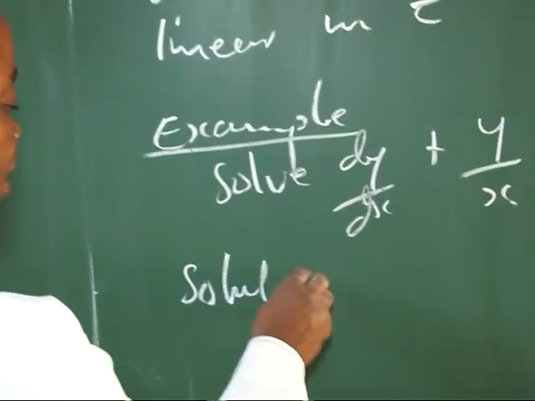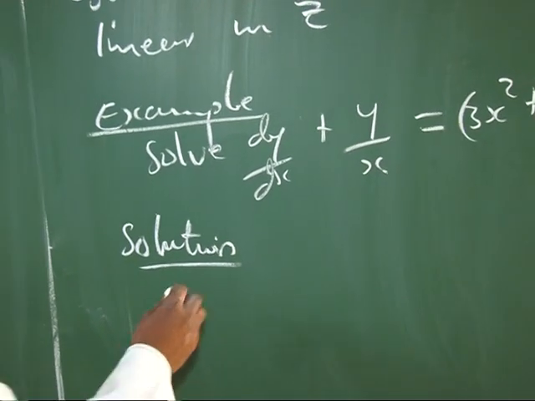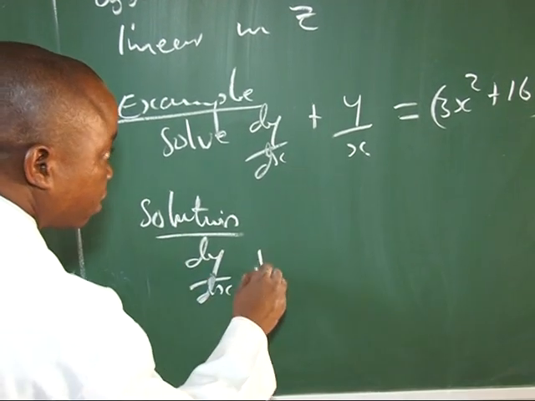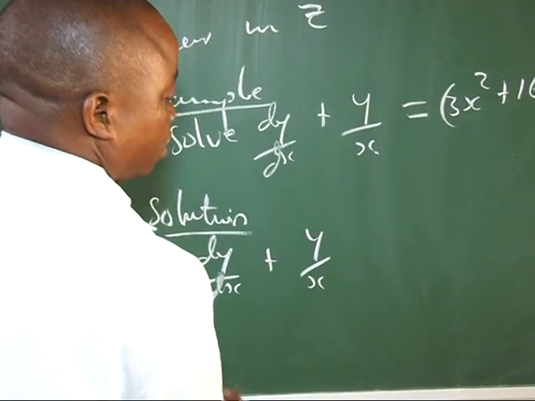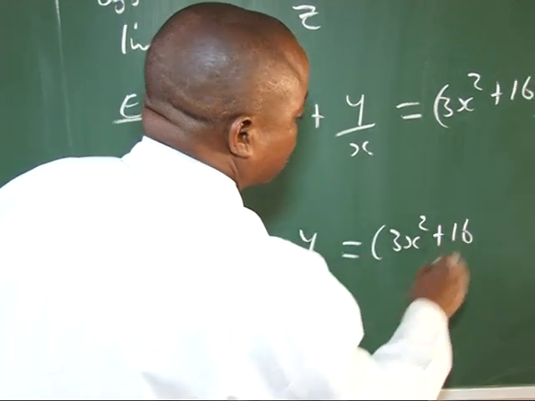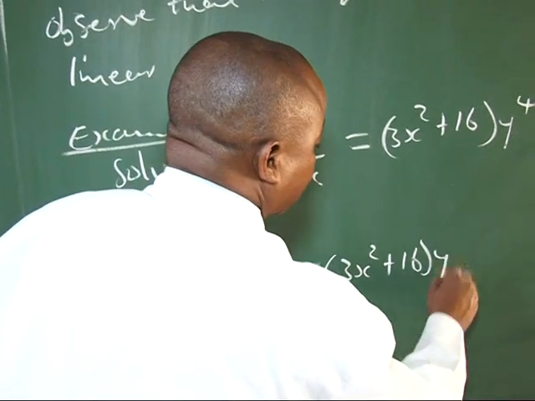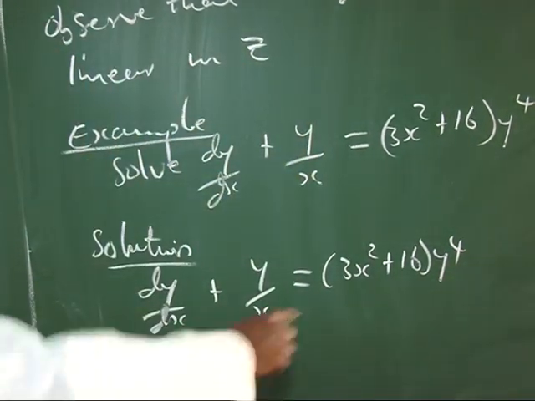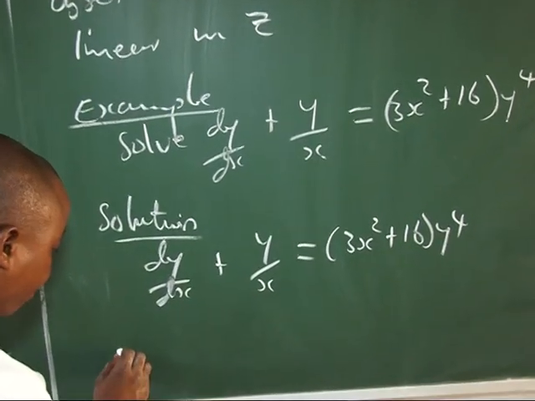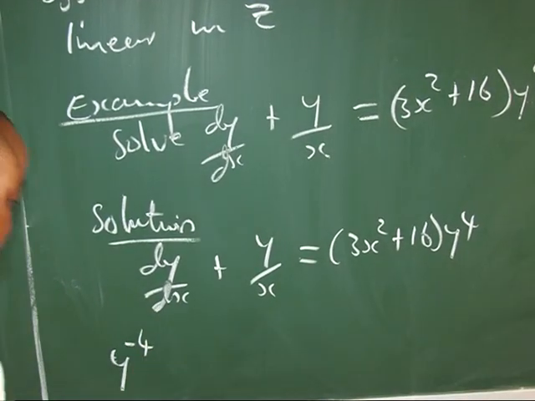by our method of solution, if we have dy/dx + y/x = 3x² + 16y⁴, we are going to divide through by y raised to the power 4. And then we will have y raised to negative 4 dy/dx.